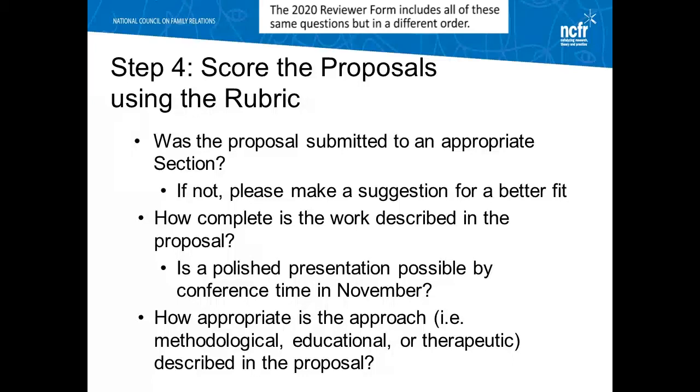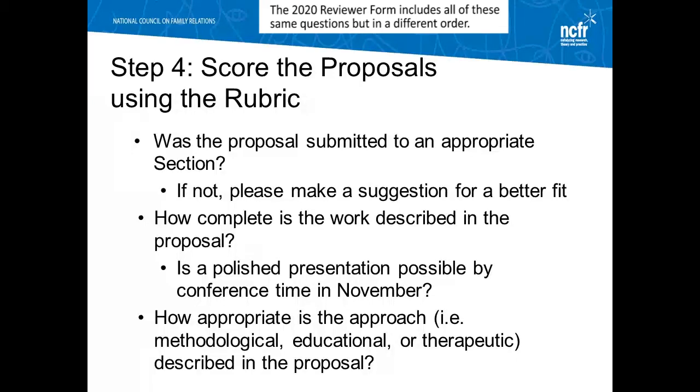The next question you're asked to use the Likert scale for is how appropriate is the approach that is used in the project in the proposal. So there can be different kinds of approaches. For example, if it's a research study, you may want to look at the methodological approach.